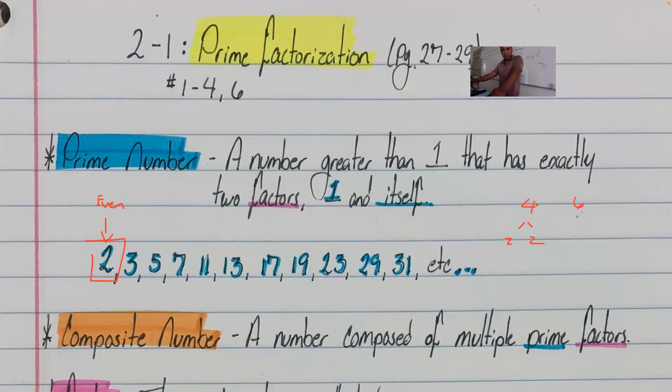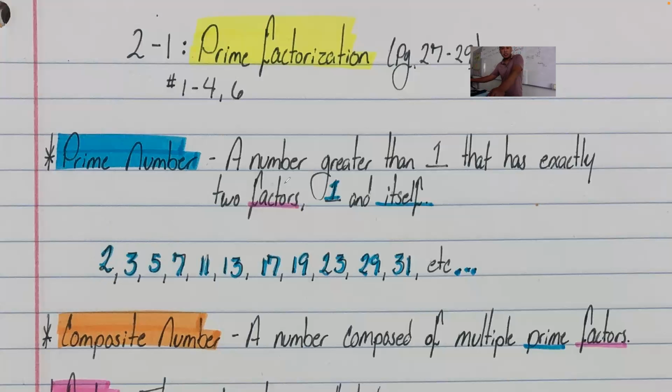The number 6, 6 can be divided by 2, 2 times 3. 8 can be divided by 2, 2 times 4. 10 can be divided by 2, 2 times 5. So any even number can be divided by 2. That's why no prime numbers are even, meaning they do not end with 0, 2, 4, 6, or 8, except for the number 2.